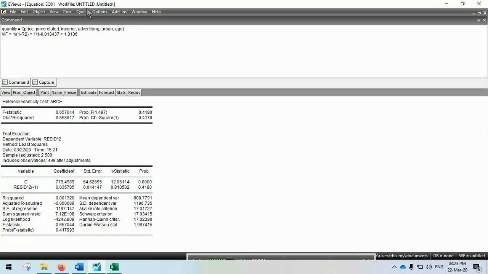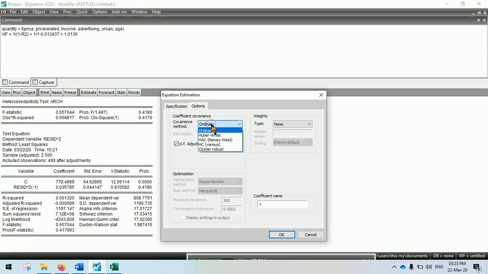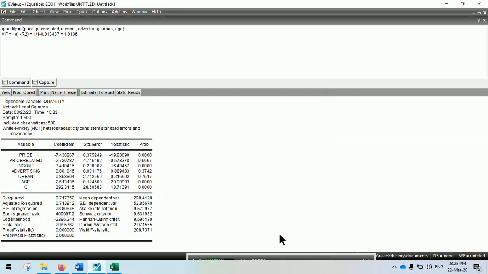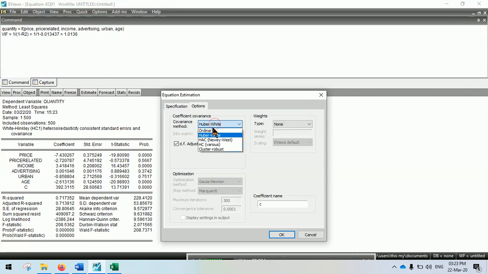So I will come here, estimate, options, and here I will click this Huber-White test and click OK. So in that way, I'm going to solve the problem and continue from here. But since I don't have the hetero problem, I go back and put it as ordinary.